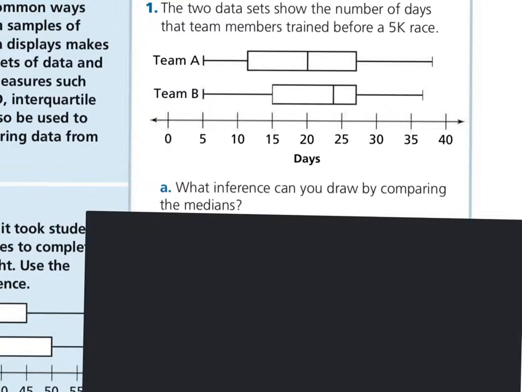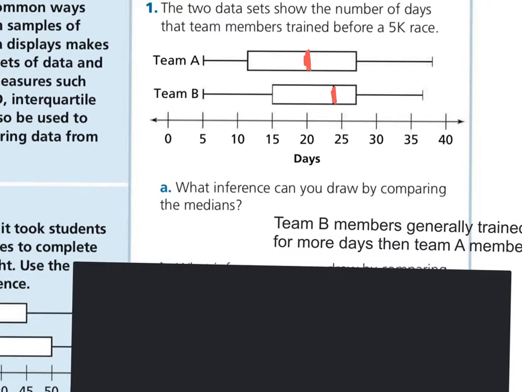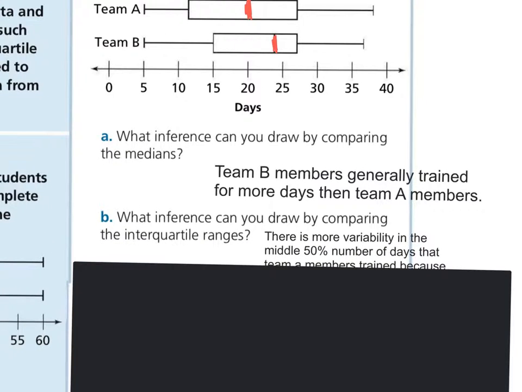So the medians we have to remember, the medians are where our 2 boxes meet each other, if you want to look at these as 2 boxes separated. So those would be our medians. So we can see the median is higher for Team B. And so we can say Team B members generally trained for more days than Team A members.